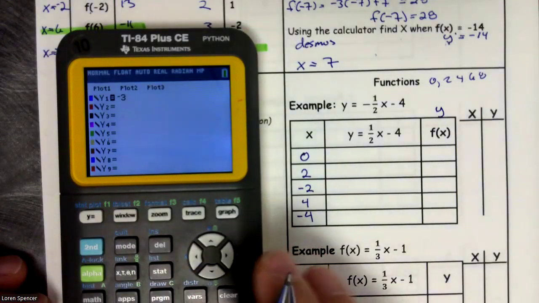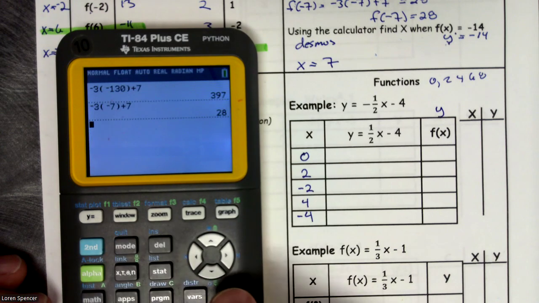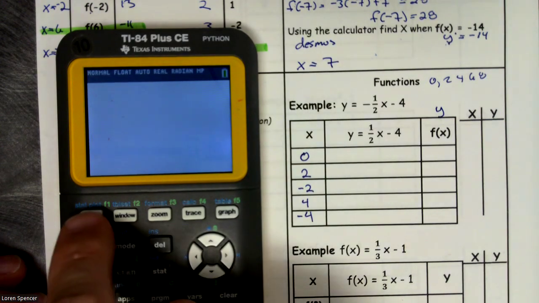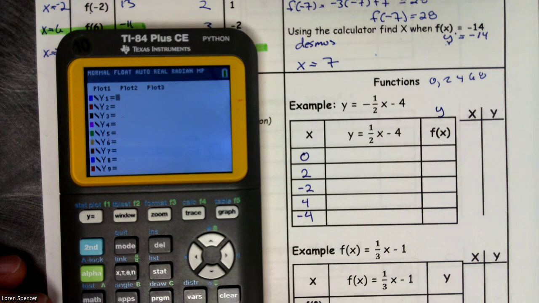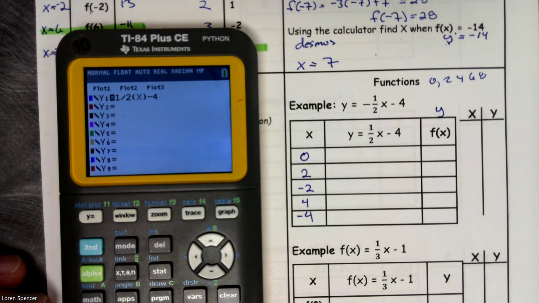So in this case, we're going to go back to, and clear this out. We're going to press the y equals button. And in this case, we'll go 1 divided by 2 parentheses. It's just better to start putting parentheses for x minus 4 and use the minus button there.